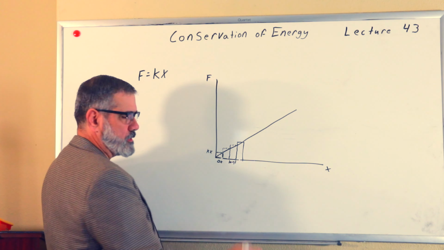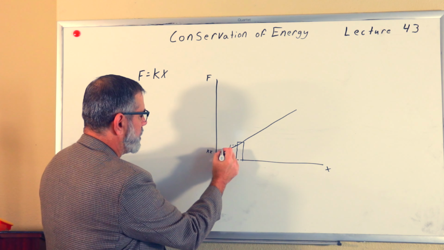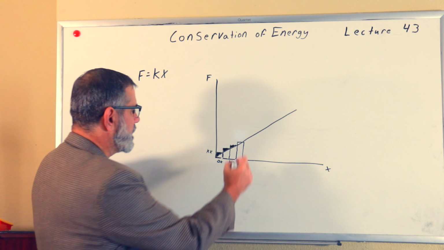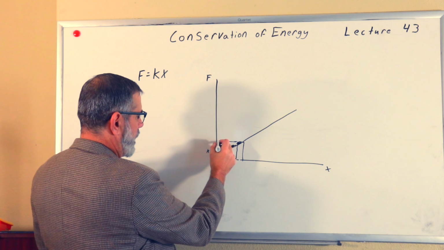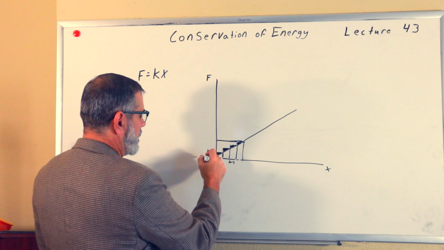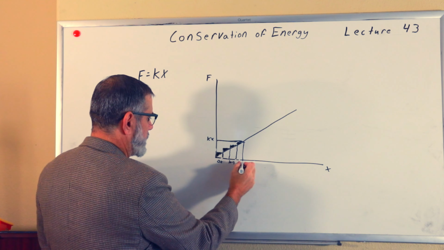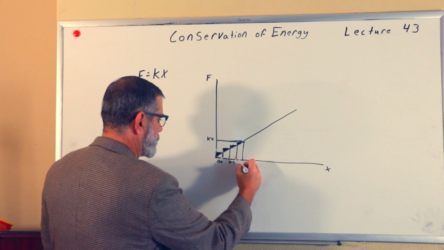If I make these rectangles small enough, such that this little bit that I overcounted, see this area here, and this area here, and this area here, if I make my delta x small enough, then I'll minimize these little pieces and I'll be left with just the area under this curve, which is a triangle, and so we can easily calculate that. The area of this rectangle is kx times the distance here, the sum of these little delta x's, which we'll just call x.